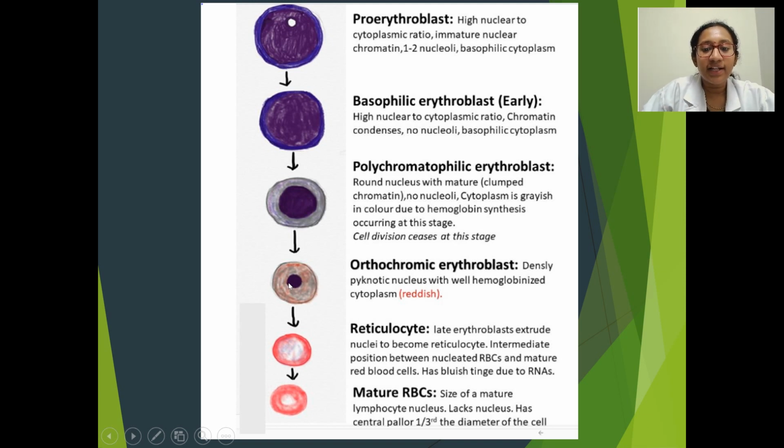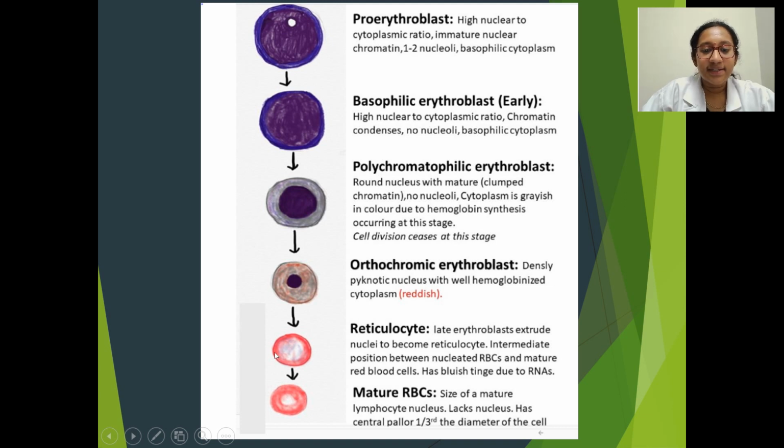They will extrude the nucleus, because of which there is no nucleus in the reticulocyte, but there are some remnants of the DNA and RNA in the cytoplasm, because of which there is a mild bluish tinge in the cytoplasm.